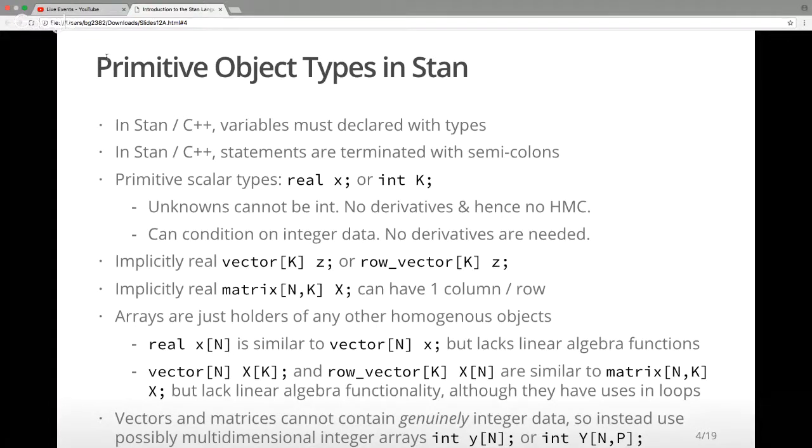Where this comes into play is more on outcome variables, where Stan is going to be very strict about the types, because it needs to know, okay, is this outcome variable integers that are 0 or 1, if you're trying to pass it to a Bernoulli logit function? Are these counts, if you're trying to pass it to a Poisson?